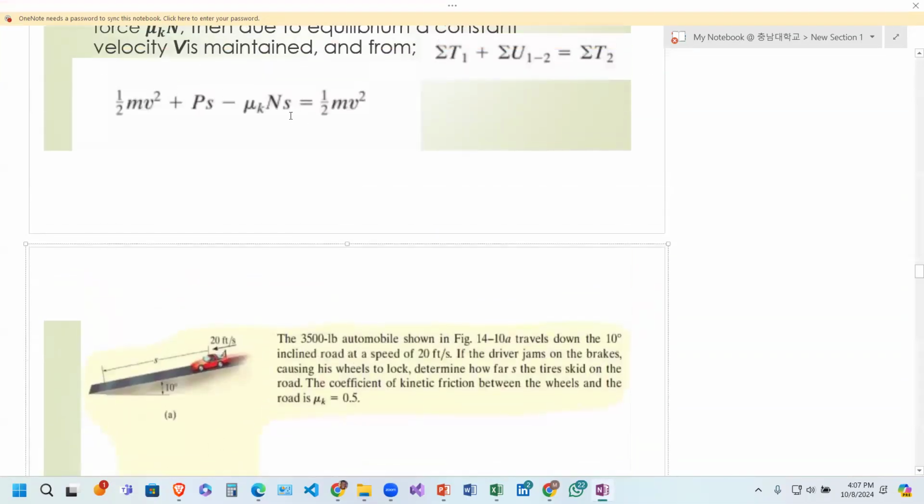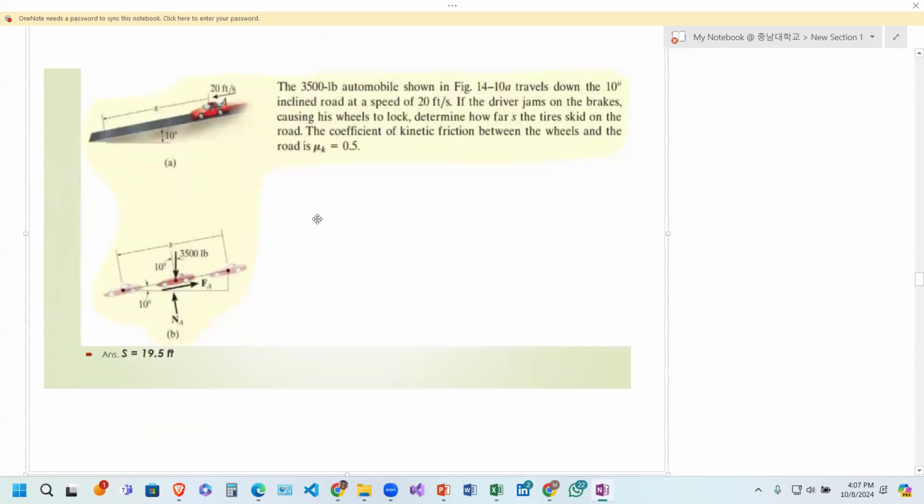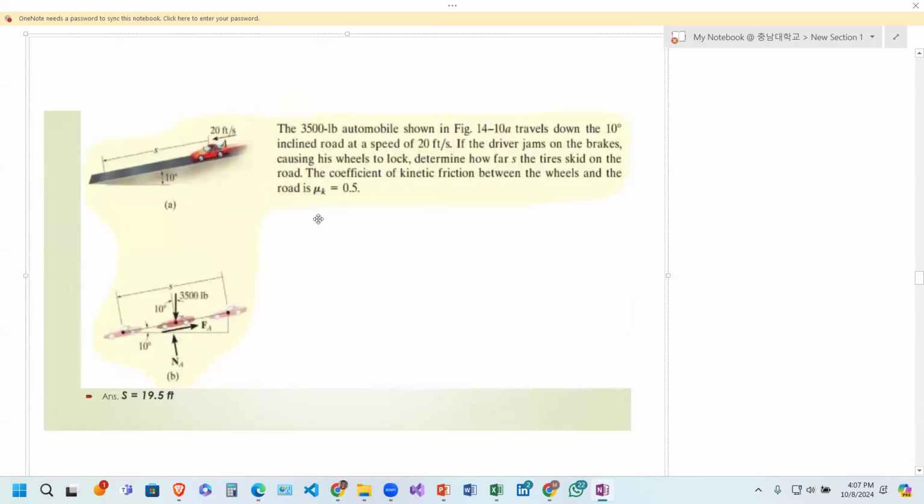We are going to use this principle and then we are able to calculate what is required, or the distance s. So now look at this: a 3,500 pound automobile shown in this figure, right, travels down the 10-degree inclined road at a speed of 20 feet per second. If the driver jumps on the brakes, causing the wheels to lock, determine how far, that means the distance s, the tires skid on the road, right?